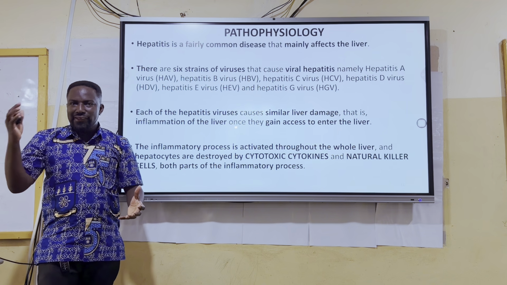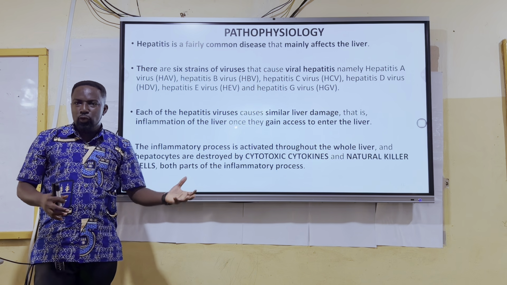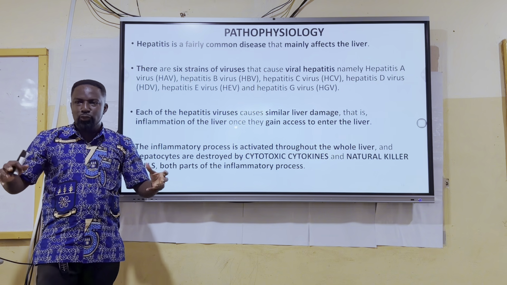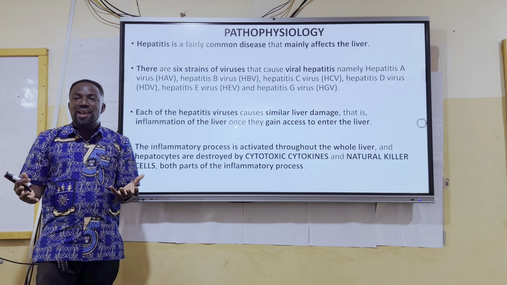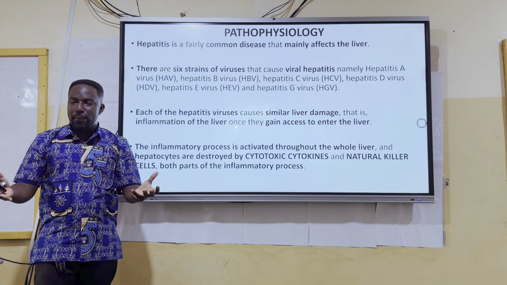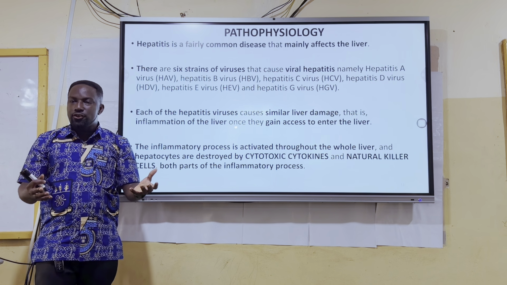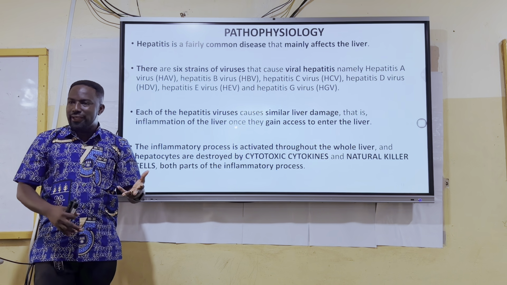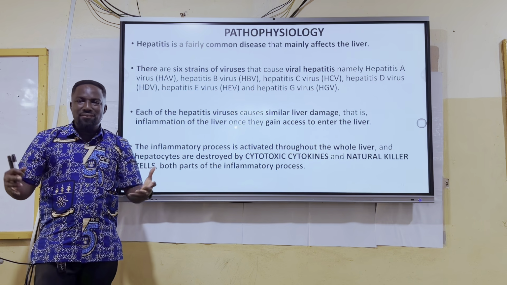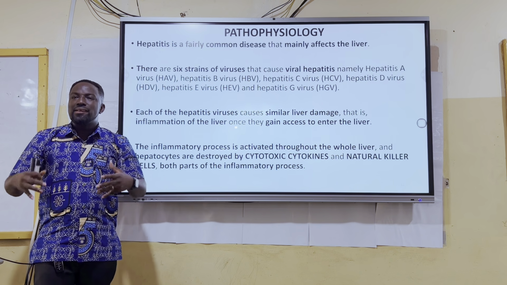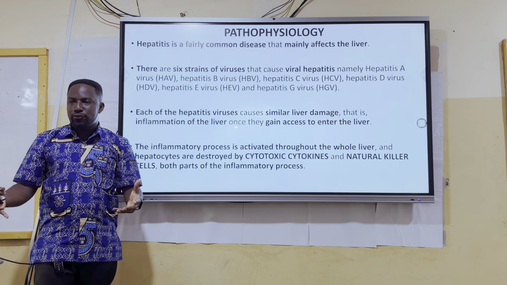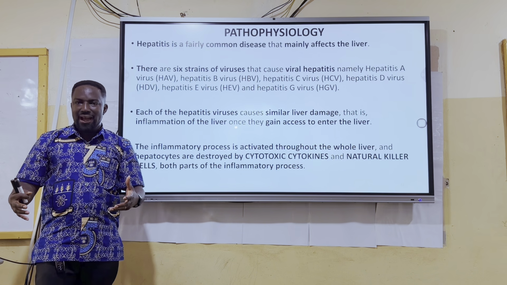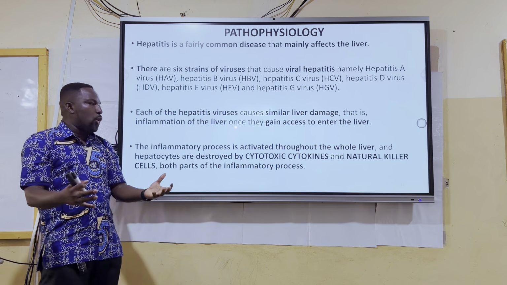So all of these lobes have what? Cells, the liver hepatocytes. And when there's an injury, viral injury, alcoholic injury, autoimmunity, whatever be the injury to the liver, it initiates or starts an inflammatory reaction. And this inflammatory reaction affects all the liver what?